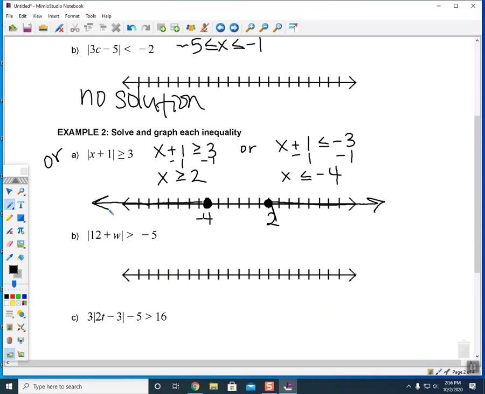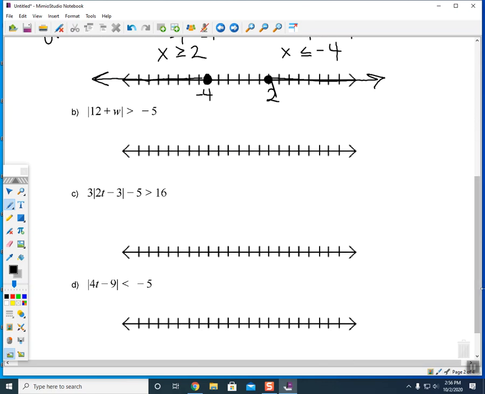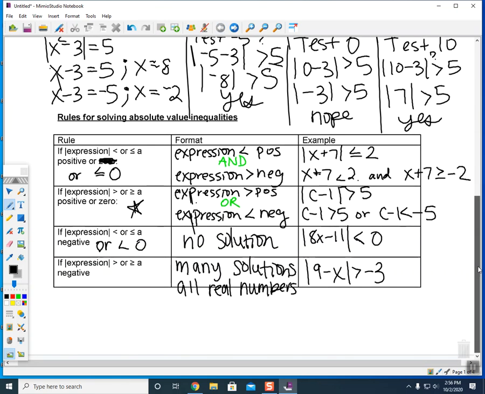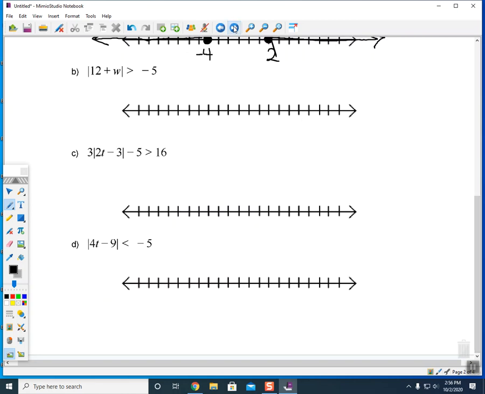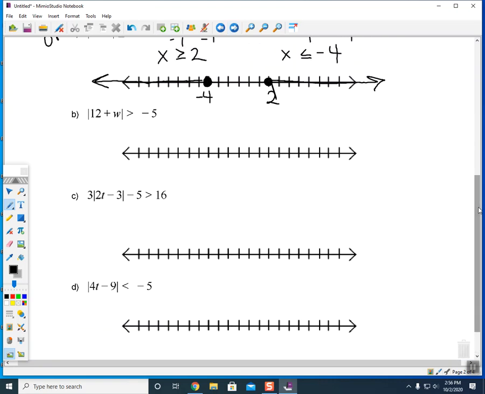Letter B. The absolute value of 12 plus w is greater than negative 5. This is another one. Think about it. The absolute value of something is greater than a negative number. If I know that the absolute value of something is greater than a negative number, I know this is many solutions, or all real numbers. So that's what I'm going to put.